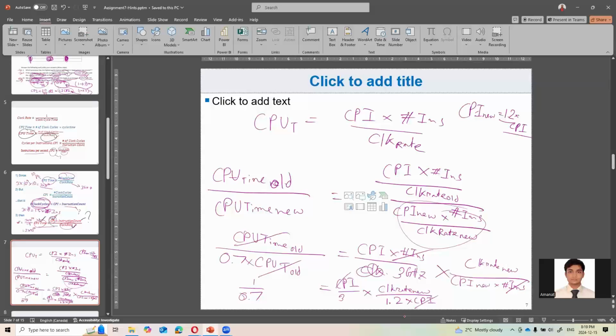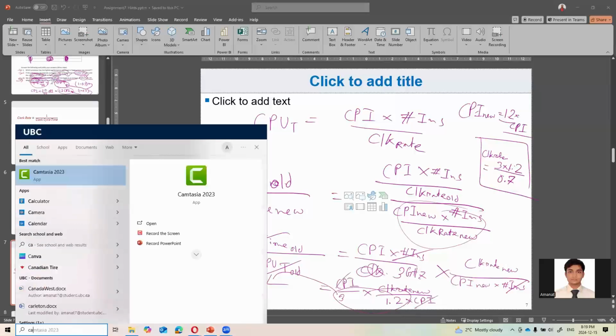So now that we have these, the final answer is going to be these two things put up here. So let's just get the final result here. Okay, so clock rate new is equal to 3 times 1.2 divided by 0.7.